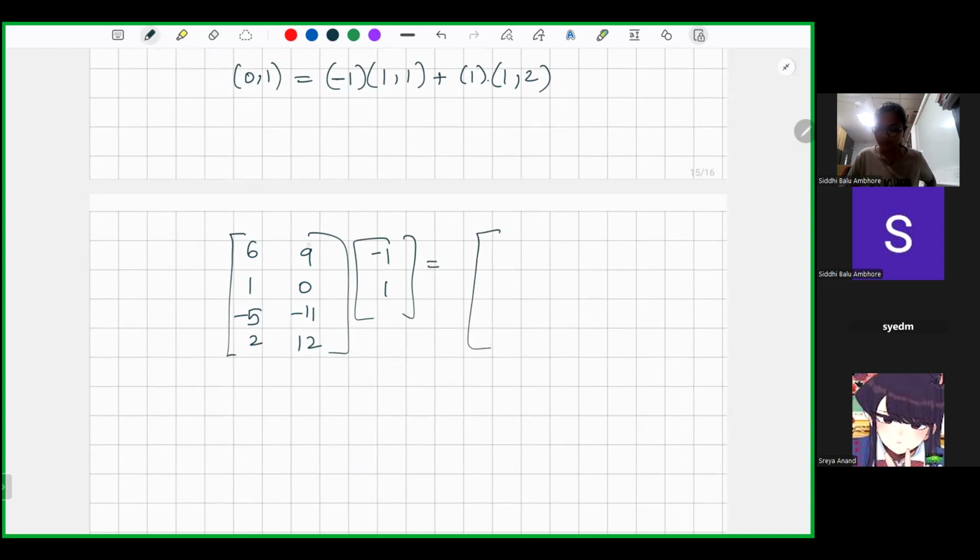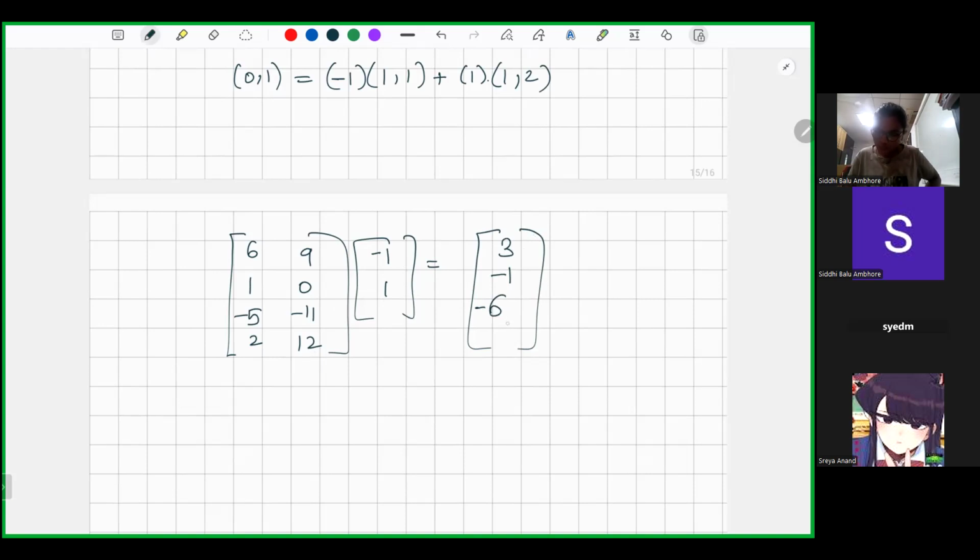Now this is minus 1 1, and this will give me what? 6 minus 9, that is minus 6 plus 9, that is 3. This is minus 1. Minus 5 minus 11, no, 5 minus 11, that is minus 6.